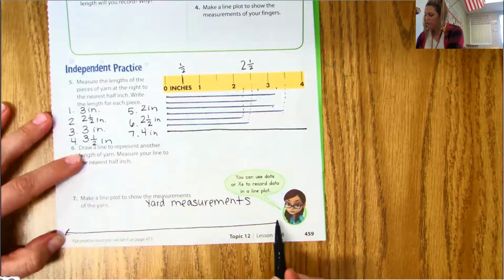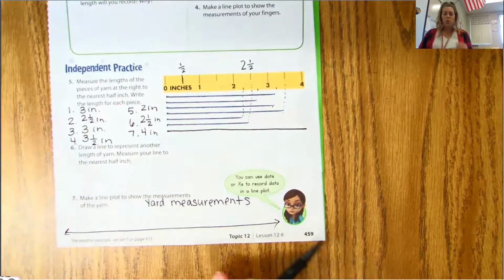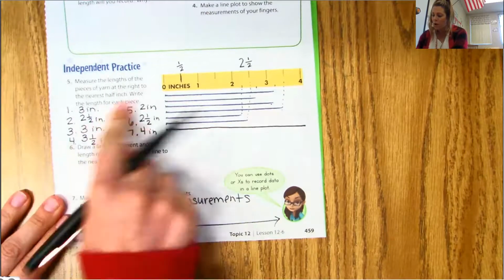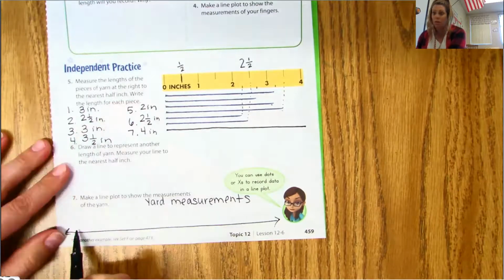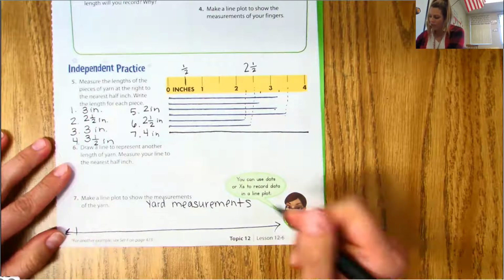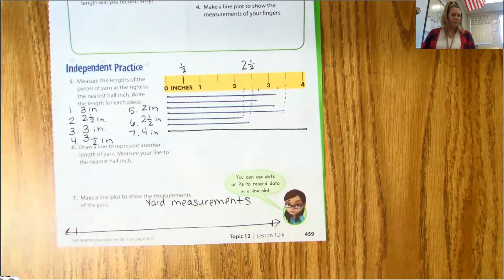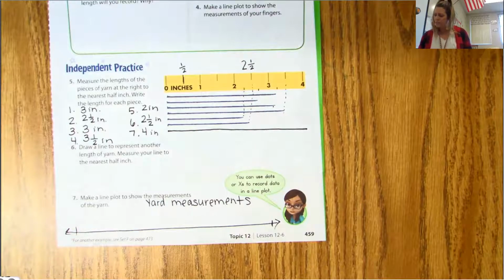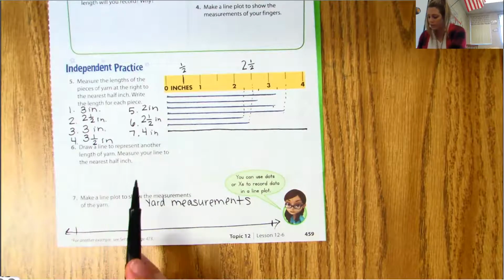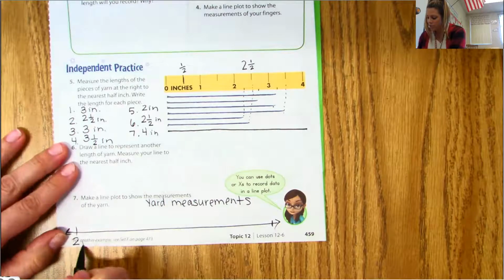Now remember, like I told you, we need to start with the smallest measurement. What was the smallest measurement? So we're going to start right here and we're going to end here. What was the smallest measurement? 2 inches, right? So let's go ahead and write 2 inches.